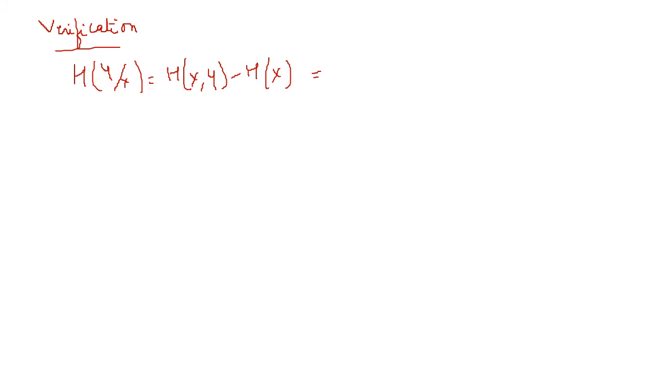So h of x comma y, we got it as 3.122, and h of x we got it as 1.971. So if you try to simplify this, we are going to get 1.151 bits per symbol. So it is the same as what we got for this h of y by x using the formula.